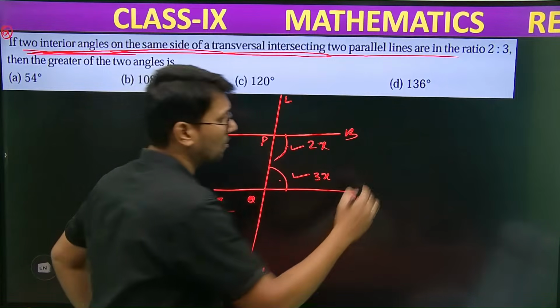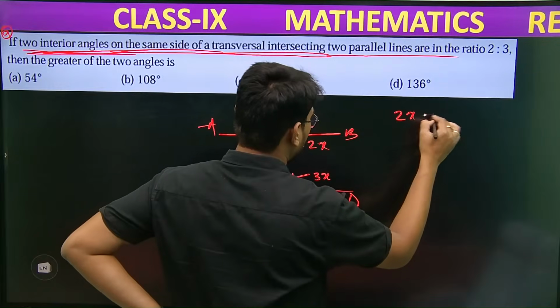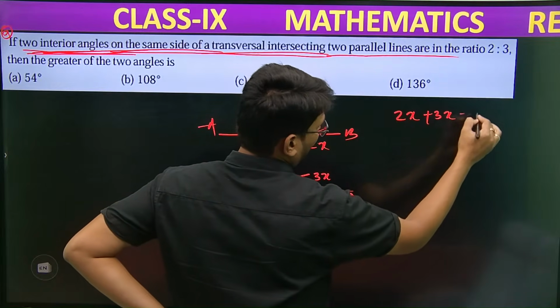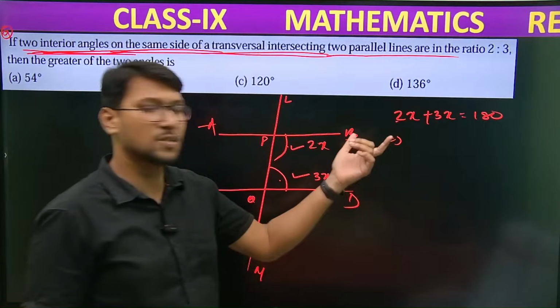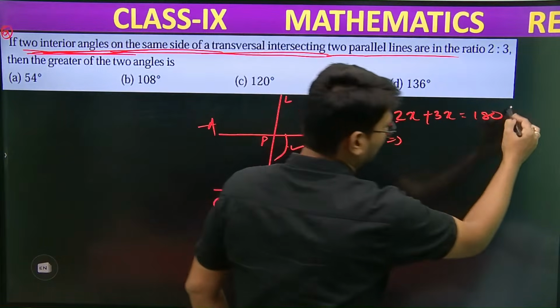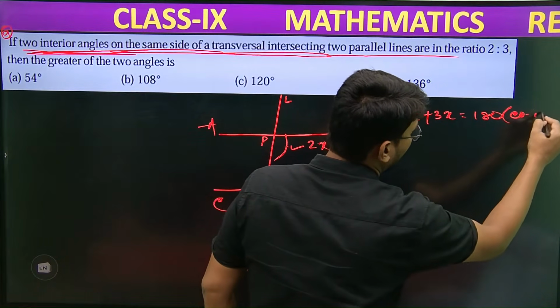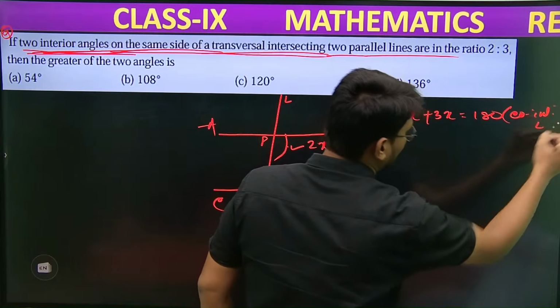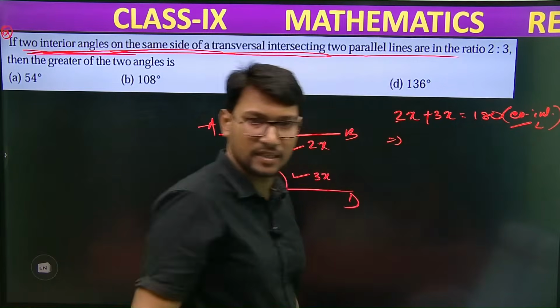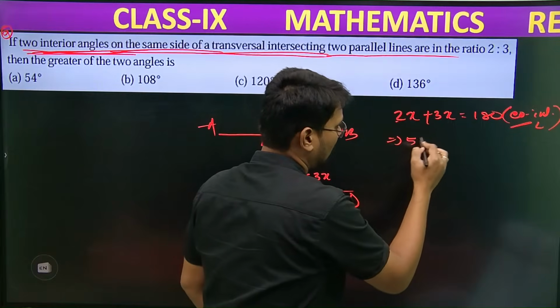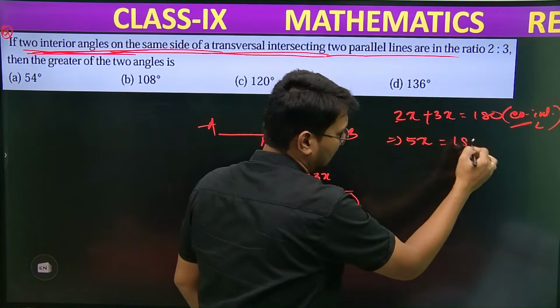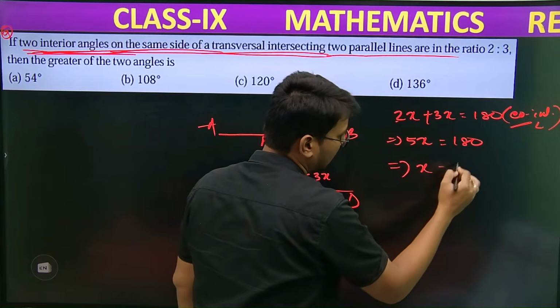Co-interior. And the sum of co-interior angles is 180. So 2x plus 3x is 180. Why 180? Because both are co-interior angles. So 2x plus 3x is 5x equals 180.